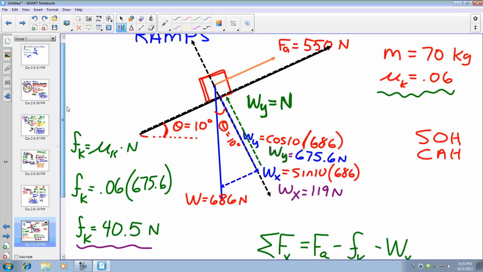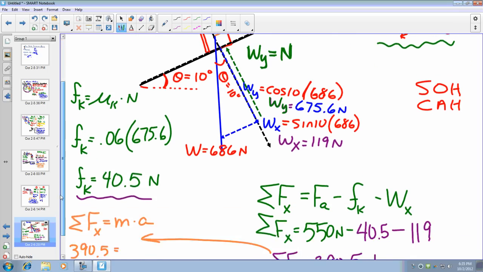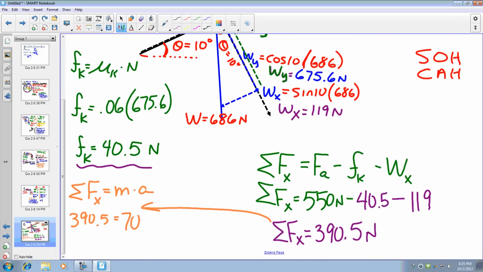It's 70 kilograms. And we can multiply that by a to solve for our final acceleration. And well, what'd you get? You get an acceleration value of 5.58 meters per second squared.